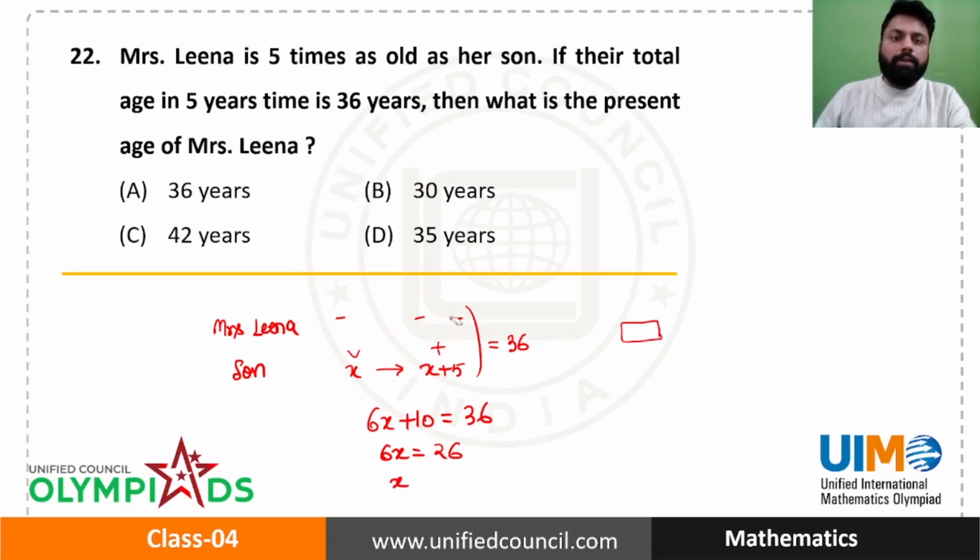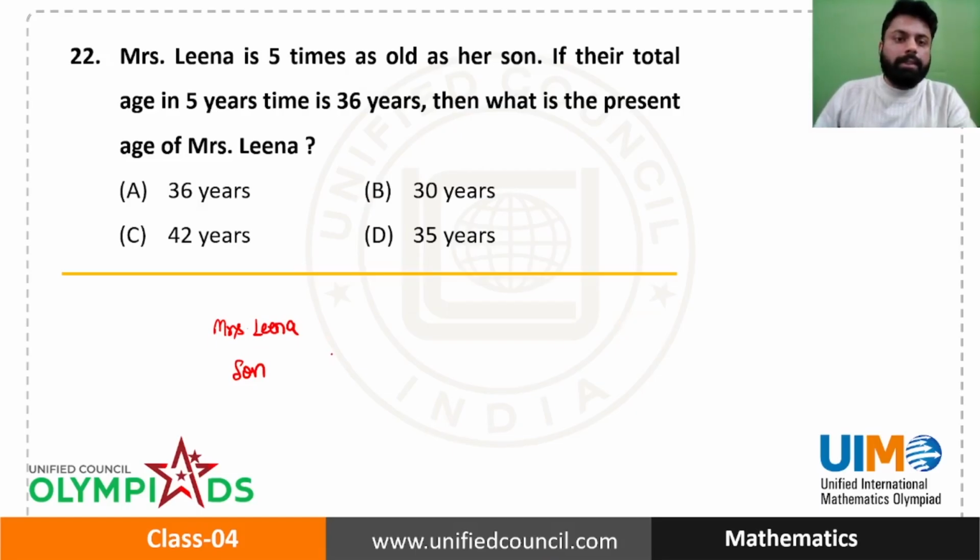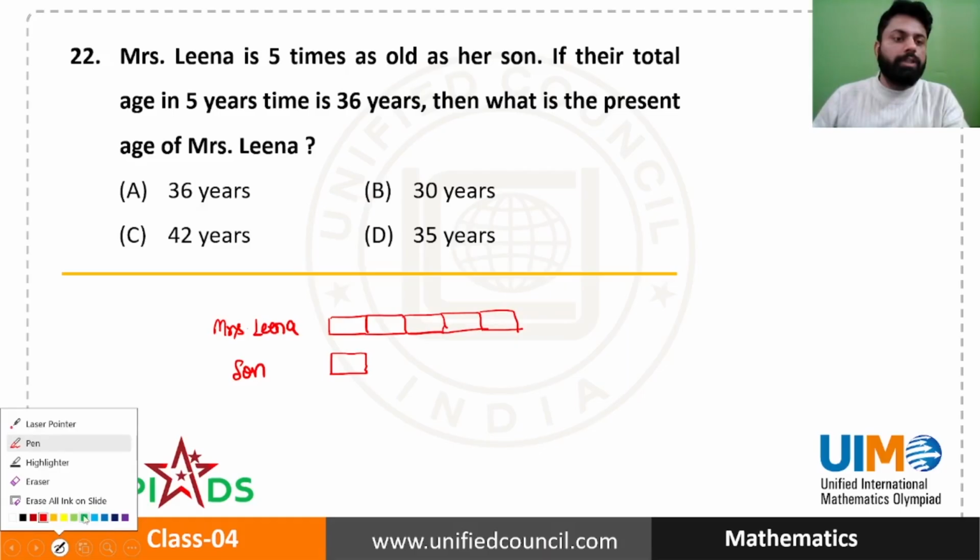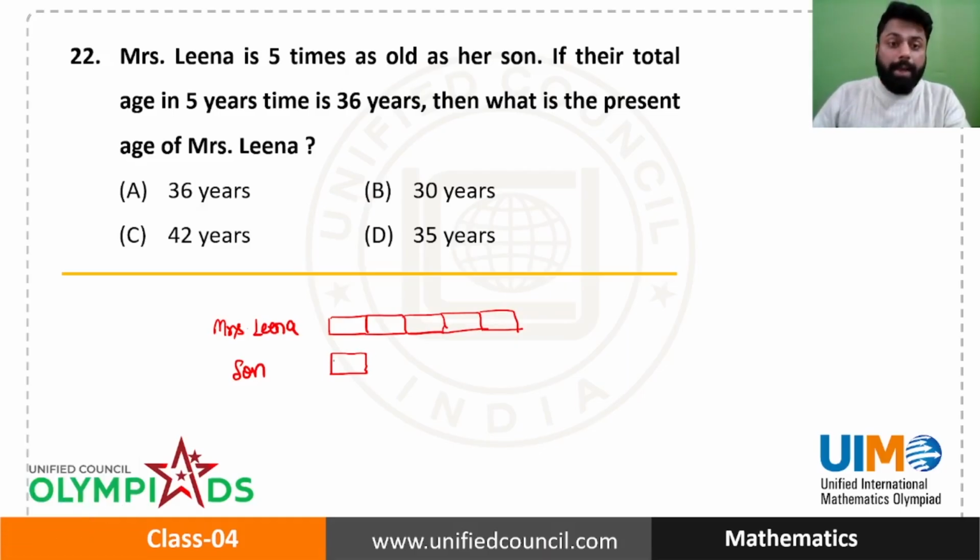Instead of doing this by equation, let's try to understand by another method. If our son's age is equal to 1 rectangle, then Mrs. Leena's age will be 1, 2, 3, 4 and 5 rectangles. This is initially. As this is 5 times of it, let's say 1 unit is X, so this will become X, X, X, X and X, 5X.